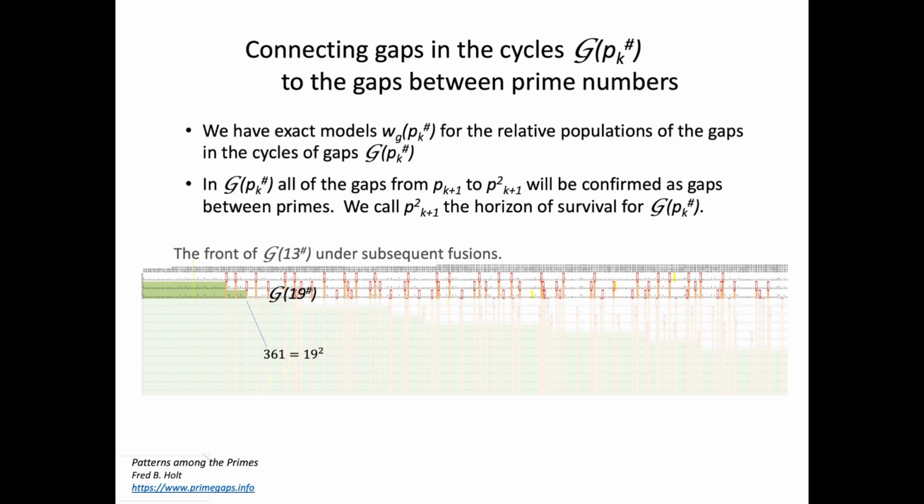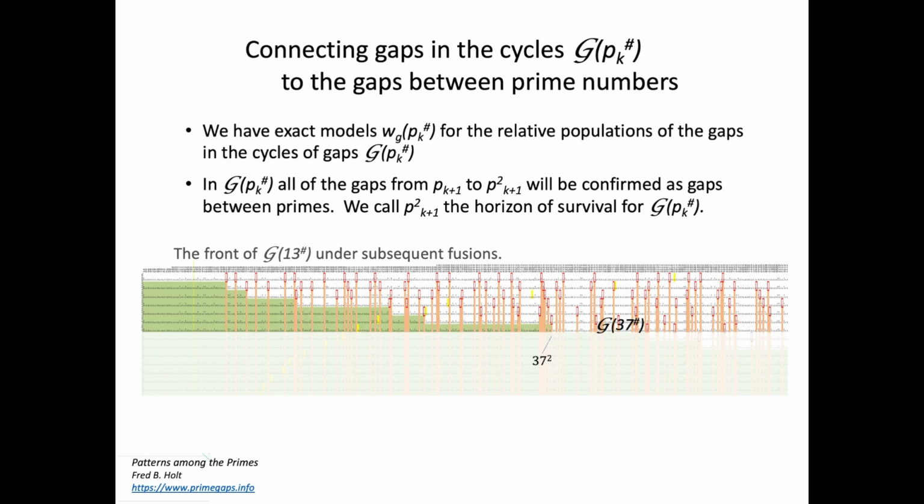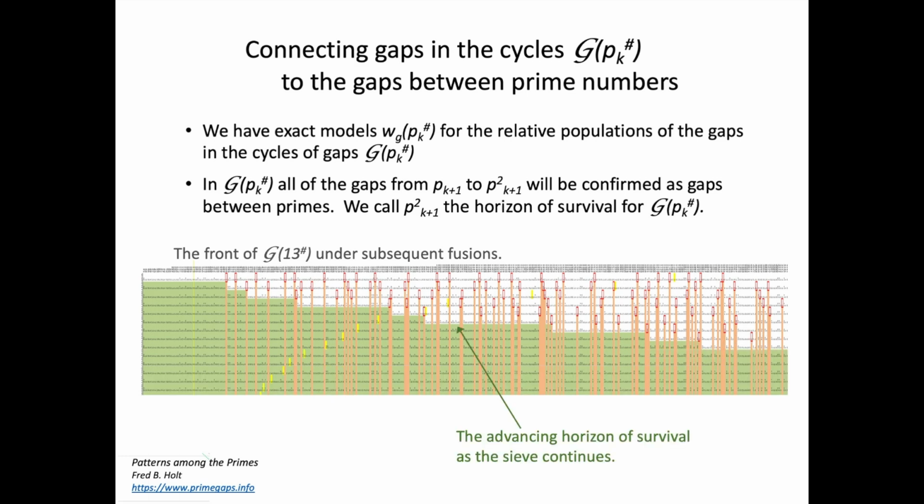Then it advances out to 19 when we apply that recursion. The recursion for 23 advances it further, with 23 squared being the first fusion in that stage. There's 29 and 31, 37, and we can see the horizon of survival advancing unevenly.